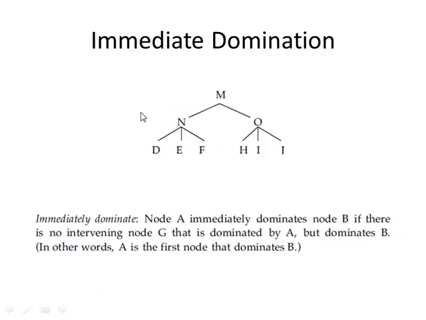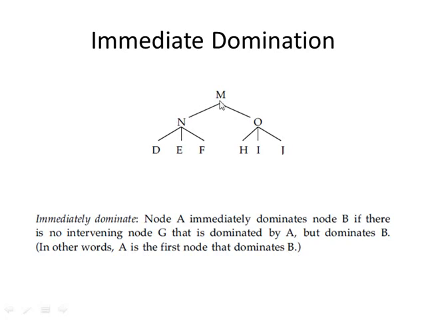Okay. Now have a look at immediate domination. Node A immediately dominates node B if there is no intervening node G that is dominated by A but dominates B. In other words, A is the first node that dominates B. So here we have M immediately dominate N. M do not immediately dominate D because it has N here.